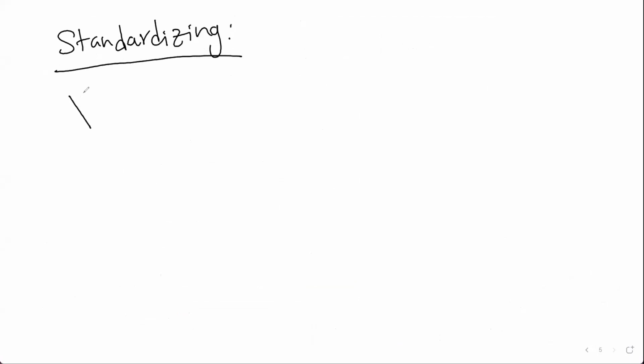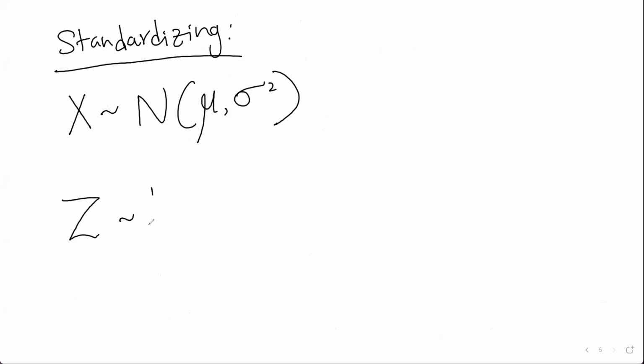Write this down, it's not in the lecture note, and you will need it. Let x be a normally distributed random variable, and let z be a standard normally distributed random variable.